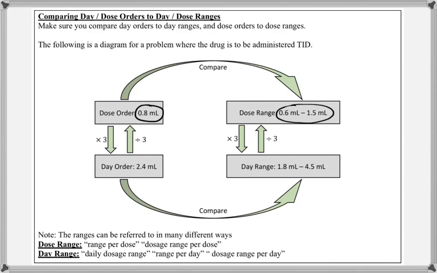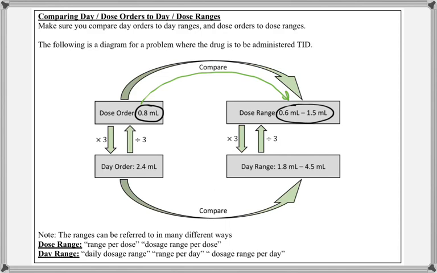So I want to compare 0.8 to the 0.6 to 1.5. So I'm comparing dose order to a dose range. I do not want to compare the 0.8 mLs to the day range, which is 1.8 to 4.5, because this is talking about an entire day, and I'm only here looking at an individual dose.